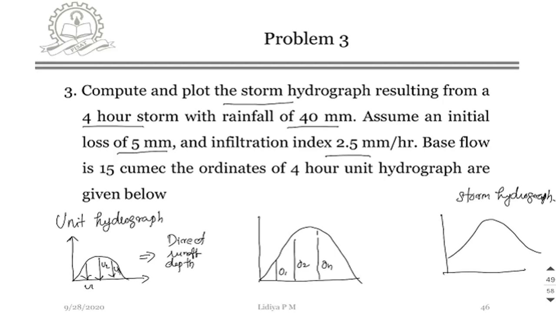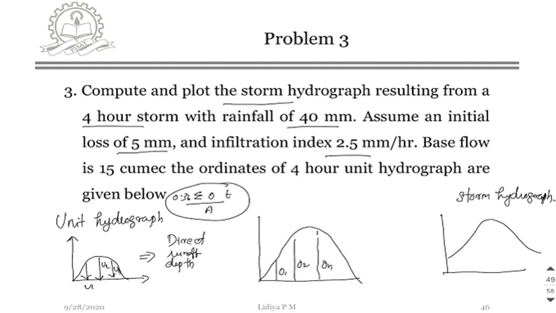The equation to calculate direct runoff depth is 0.36 sigma O T divided by A, if the value of sigma O is known. But here we have to calculate the ordinates. So try to find out the direct runoff depth. First go through the question and try to find out the value of direct runoff depth.